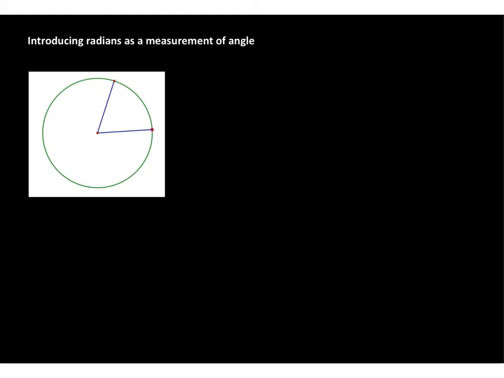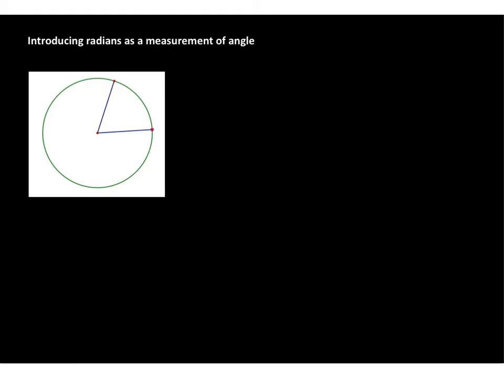But why is it that we've used 360 degrees to represent one full turn? Why not, for instance, 100 degrees? That's another nice round number. And the answer goes back to Babylonian mathematicians who actually chose to use 360 degrees because they used a number system which was based on the number 60, unlike our modern day number system, which is based on the number 10.